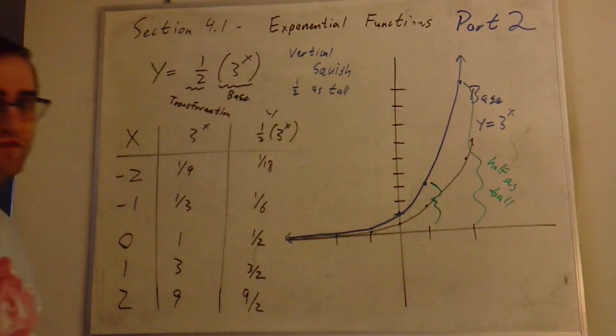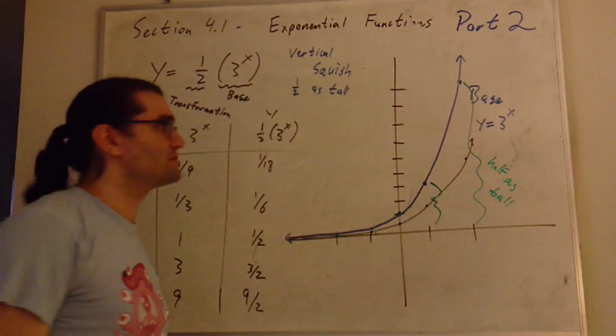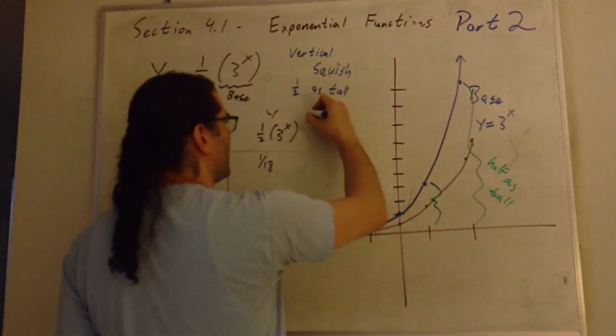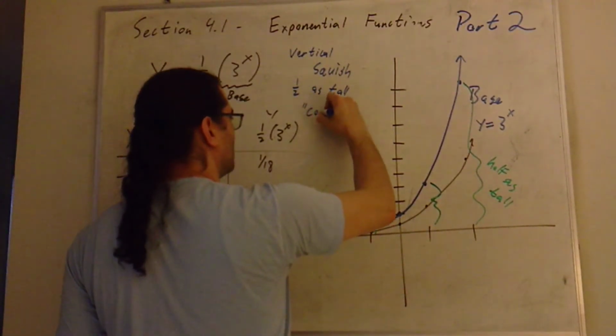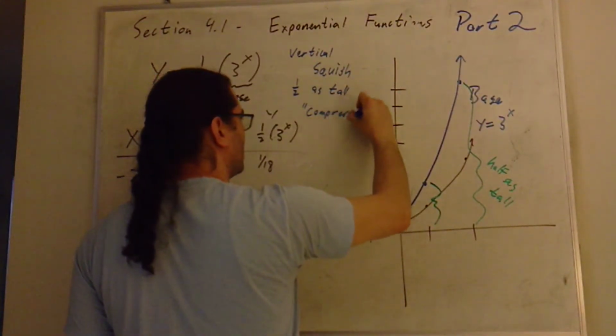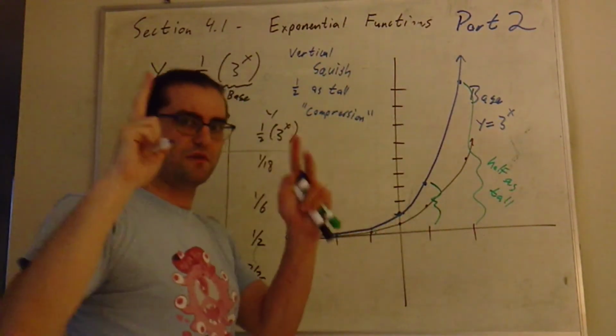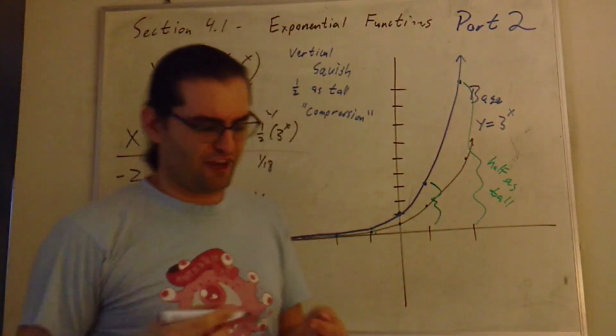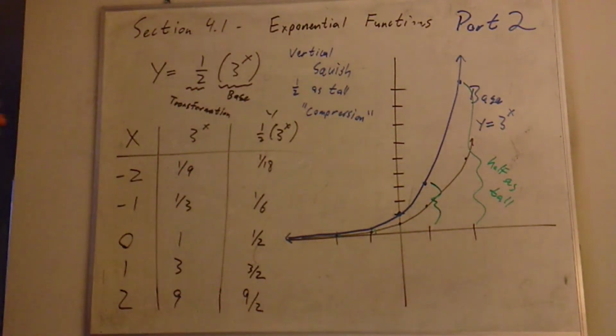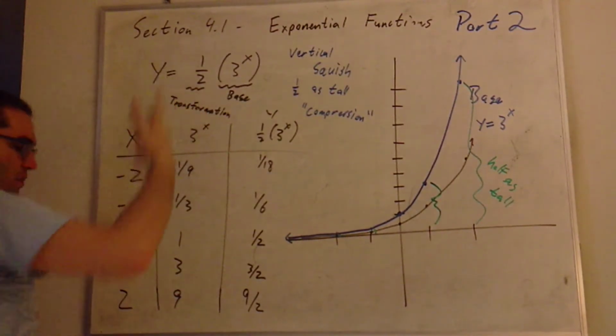I think the official fancy math word that the book uses for this is compression. It's a fancy word for squish. So, that's multiplying by a 1/2 on the outside.